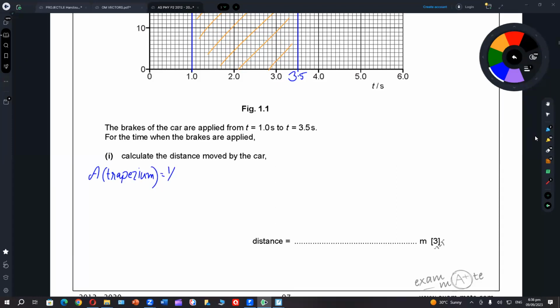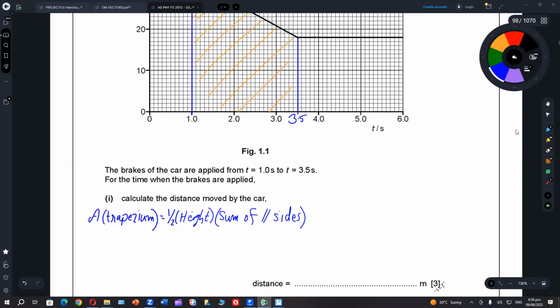Area of a trapezium is half into height into sum of parallel sides. This is the formula. Please copy the formula and then help me to work it out.